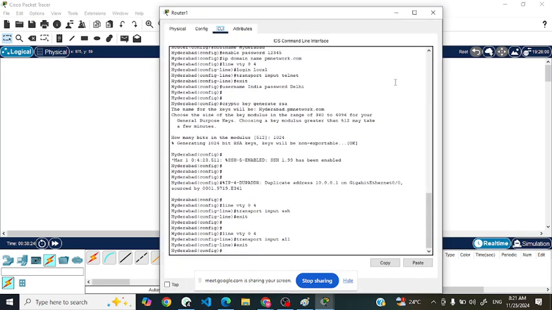And the last case will be transport input none.